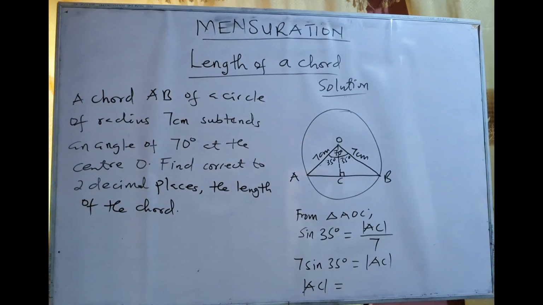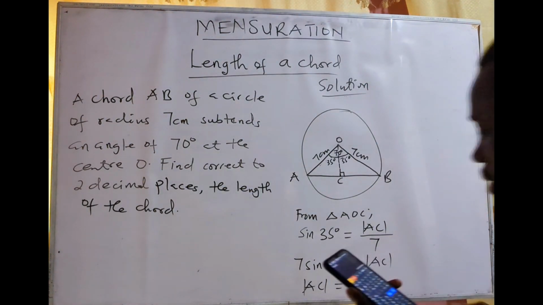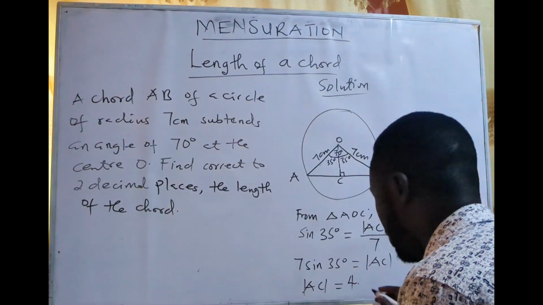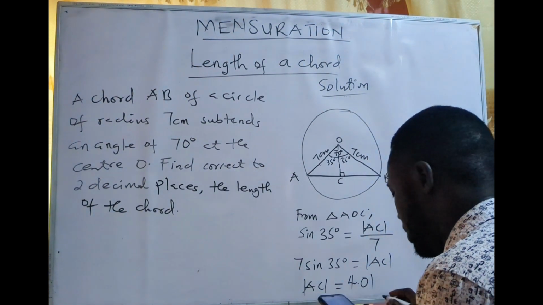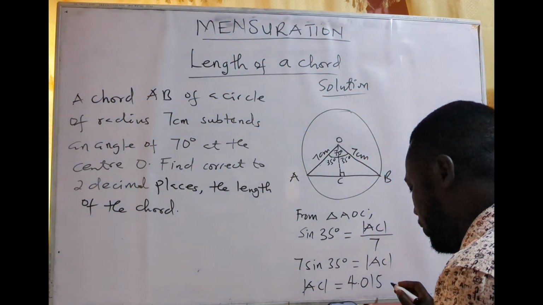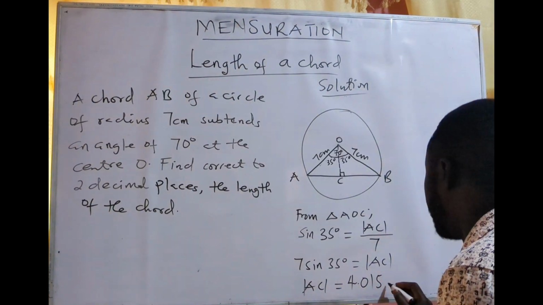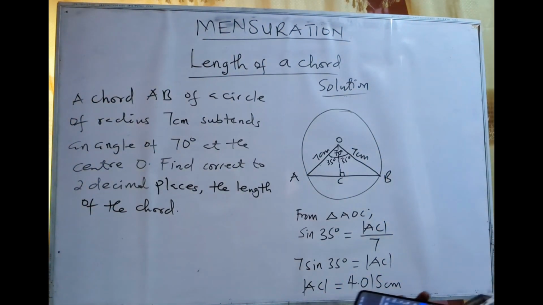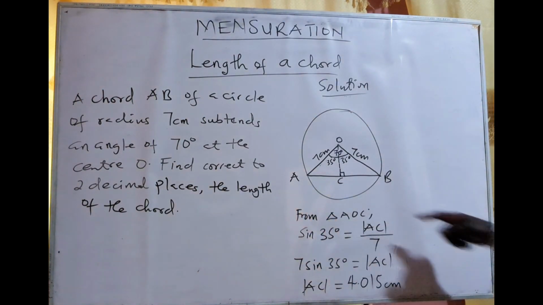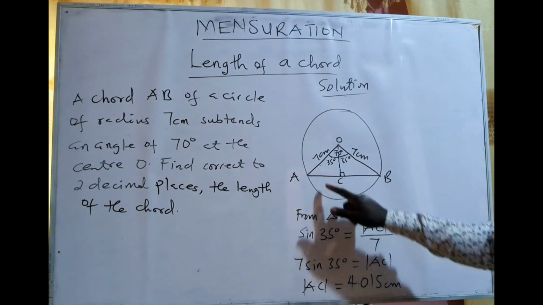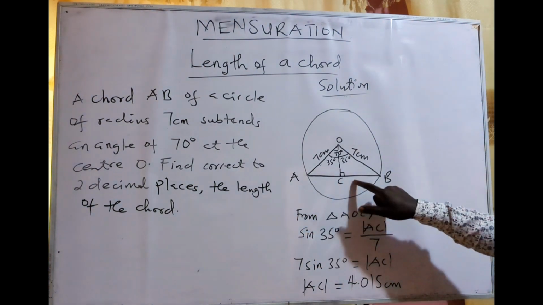7 sine 35 will give us 4.015 centimeters. So we are finding the length of the chord AB. But what we have here is AC, and AC is the same as CB.